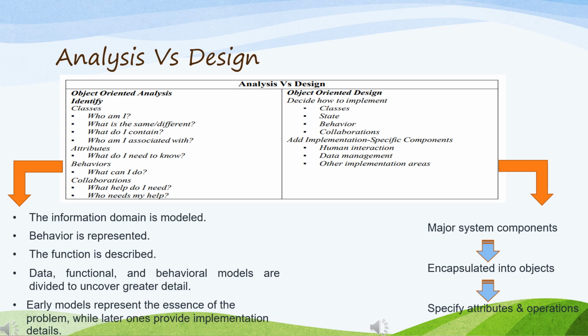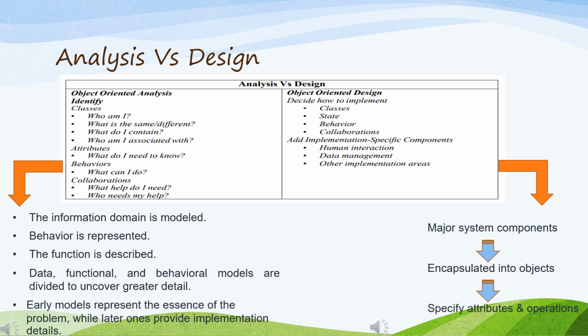It is based on a set of basic principles which are: the information domain is modeled. Sometimes we use a use case diagram, for example. Then behavior is represented. In our subject, we are going to use sequence diagram to represent the behavior.